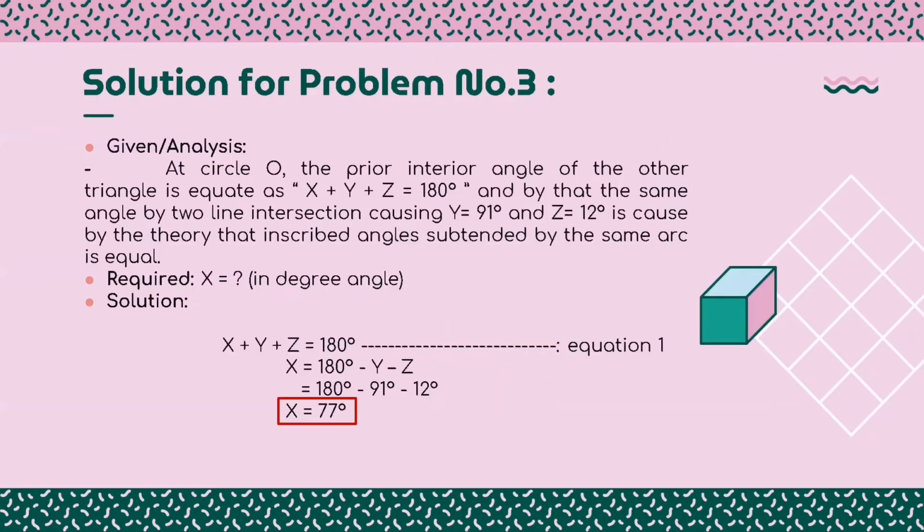Here, we transpose y and z to the other side to make them negative. The two angles are 91 degrees and 12 degrees, so we subtract them from 180 degrees. So we have 180 degrees minus 91 degrees minus 12 degrees. The answer will be 77 degrees.